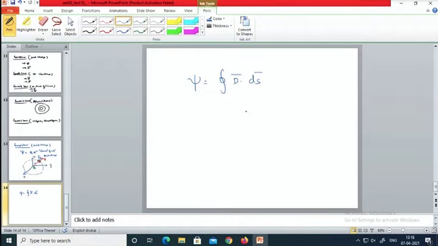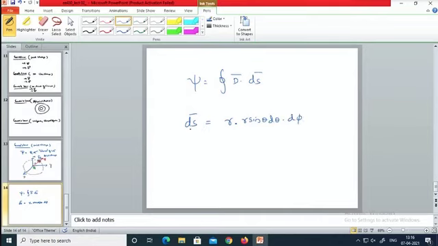Okay, so my dS vector is nothing but the area of the small region. It is given as r into r sin theta into d theta into d phi.